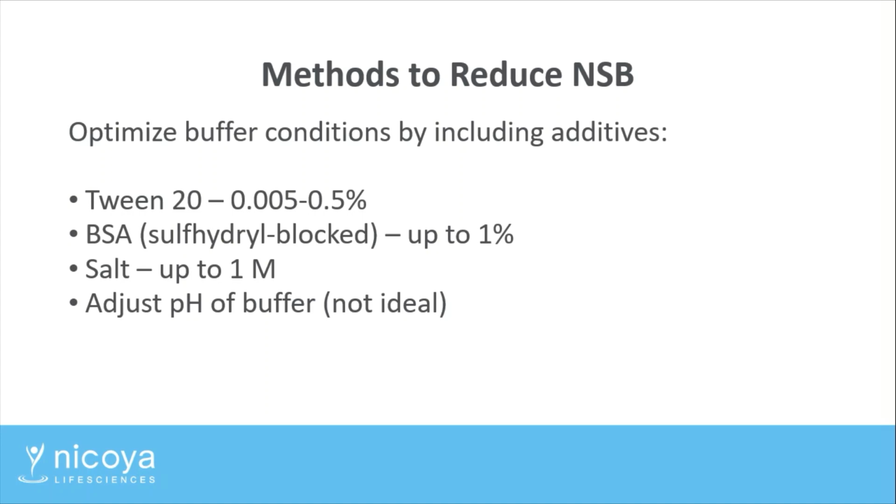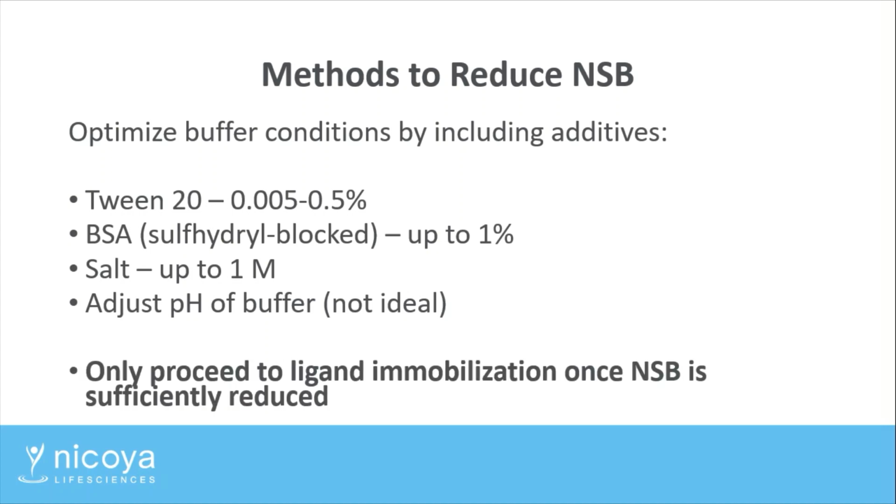Or if you suspect the interaction is more electrostatically mediated, you can add additional salt or adjust the pH of your running buffer. The literature is a great resource for starting buffer conditions, but note that the surface coating on sensors from different companies will vary, so we highly recommend testing specifically on our sensors. Ideally, you only want to proceed to your specific binding test once you have reduced the non-specific binding as much as possible.